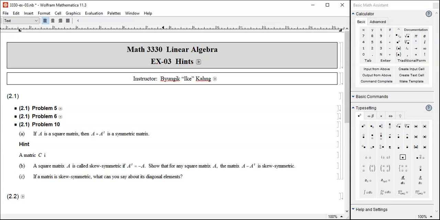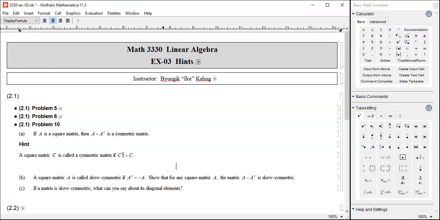Matrix C has to be a square matrix. If it is not a square matrix, then it cannot possibly have a symmetry. A square matrix C is called a symmetric matrix if its transpose is itself. That kind of thing is called a symmetric matrix.